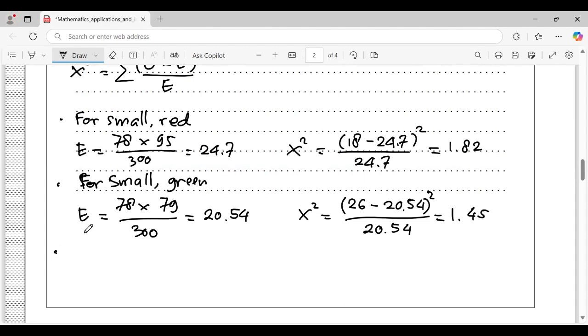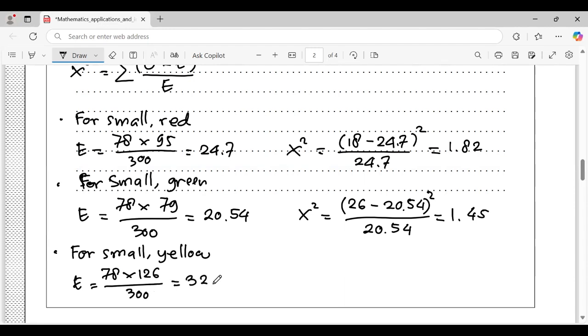And the next, for small yellow. The expectation is 78 times 126 over 300.